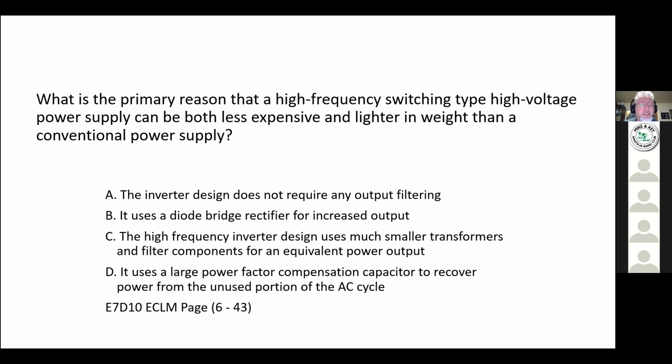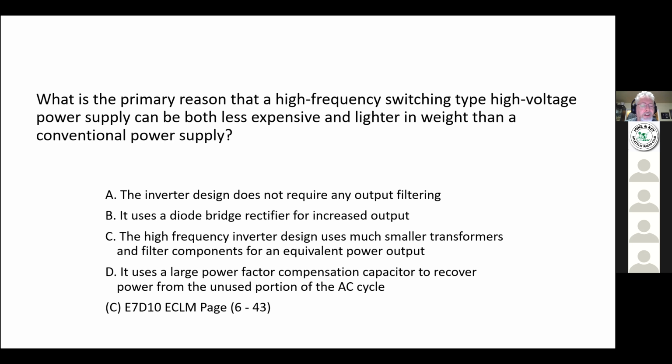B, it uses a diode bridge rectifier for increased output. C, the high-frequency inverter design uses much smaller transformers and filter components for an equivalent power output. Or D, it uses a large power factor compensation capacitor to recover power from the unused portion of the AC cycle.